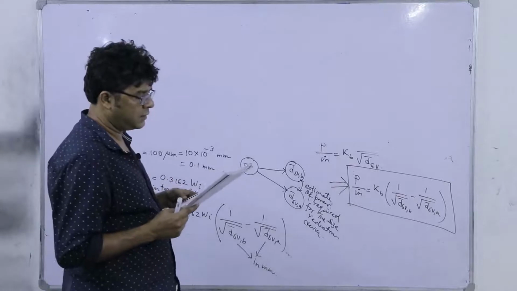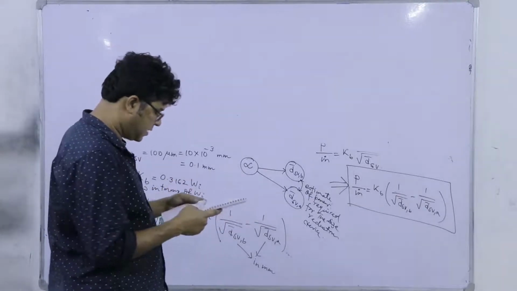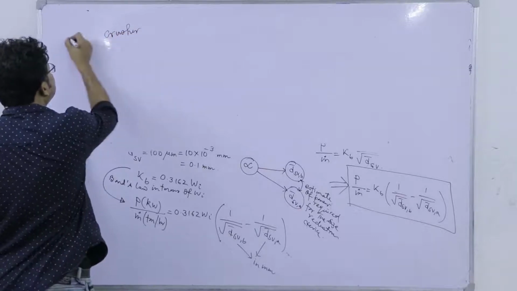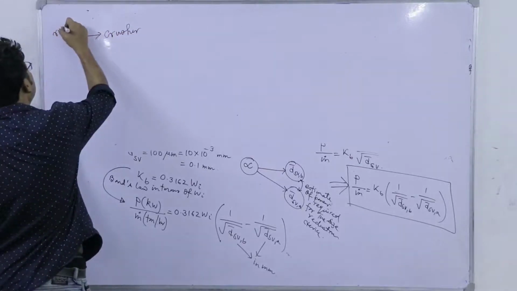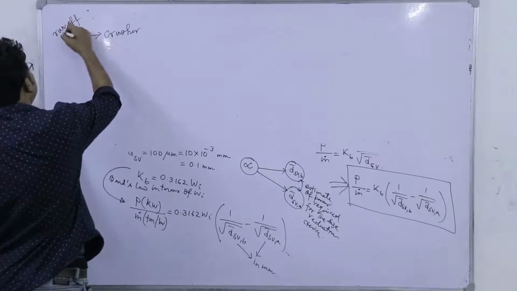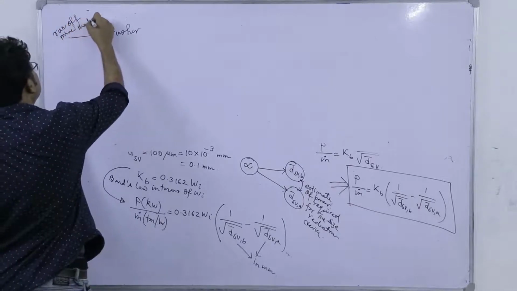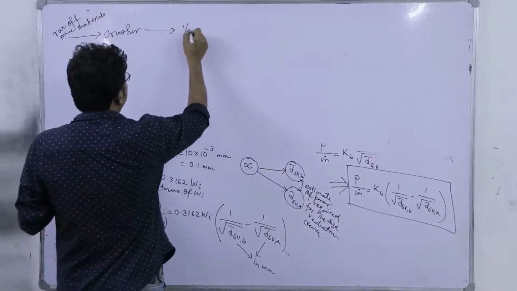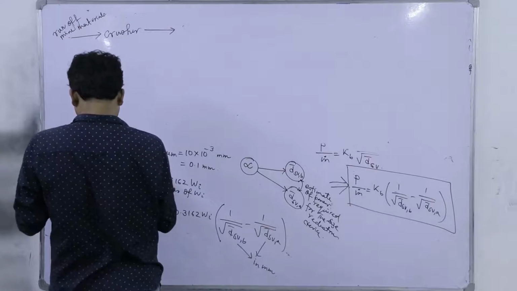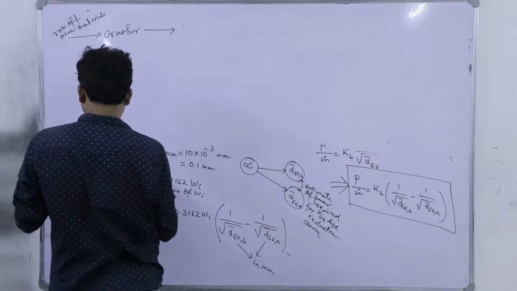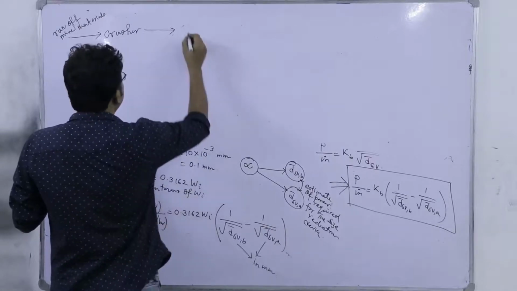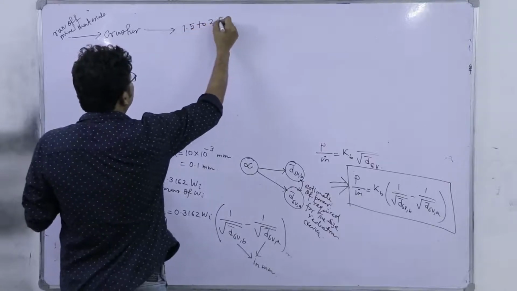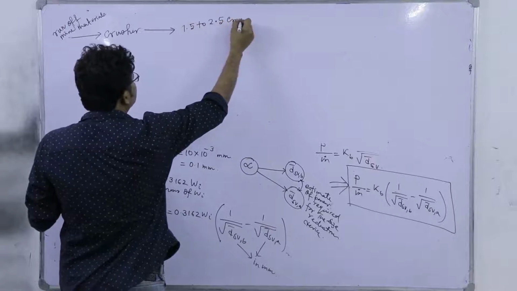Next, let's discuss some idea about the size range on which the different devices operate. Say the crusher. Here we can have run of mine materials. It reduces to a product size of 1.5 to 2.5 centimeter.